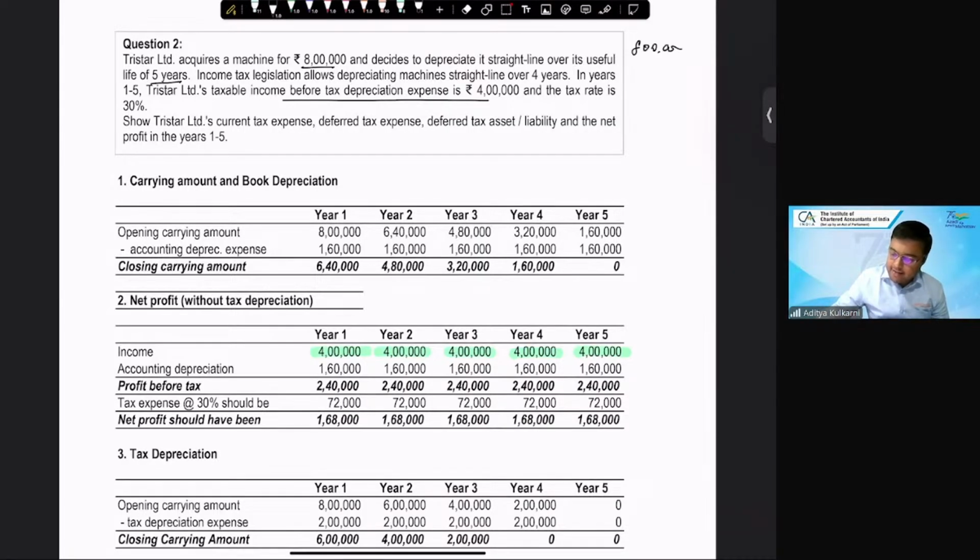So 8 lakhs divided by 5 is equal to 1,60,000. Therefore, my depreciation is 1,60,000 per annum. That gives me a profit before tax of 2,40,000. Is it okay till now? Yes, sir. All right.